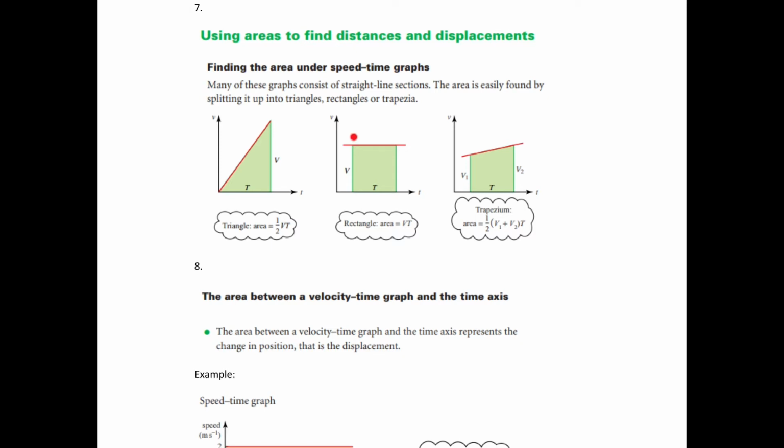If it's a rectangle, it's just velocity multiplied with time. If it is a trapezium, we do 1/2, add up the parallel sides, then multiply with the base. So we can find the area easily, and the area represents the distance.